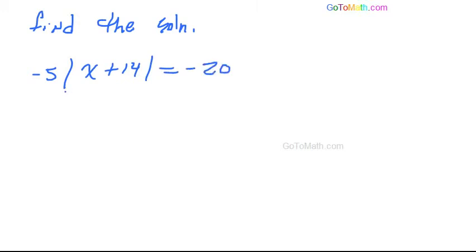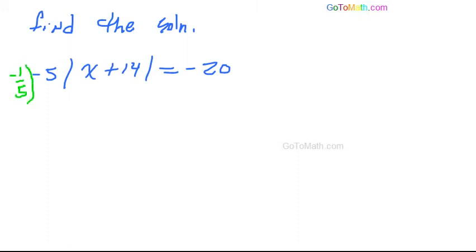Now we want to get this thing in more of a standard form where we have nothing but the absolute value of some function over here to the left hand side. And in order to do that, we need to get rid of this negative 5, and we're going to do that by multiplying through by its reciprocal.